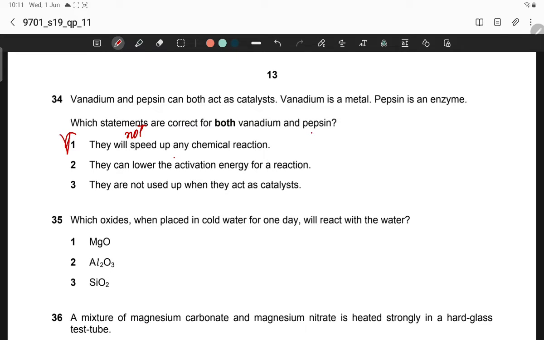So this is incorrect. They can lower the activation energy, yes, this is correct for both. They are not used up when they act as a catalyst. A catalyst only speeds up the reaction without using itself up, so it is also correct. If 2 and 3 are correct, then the option is C.